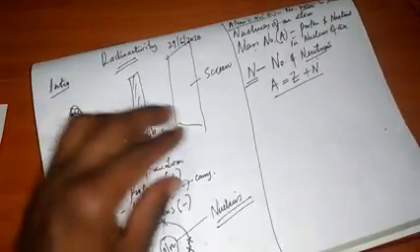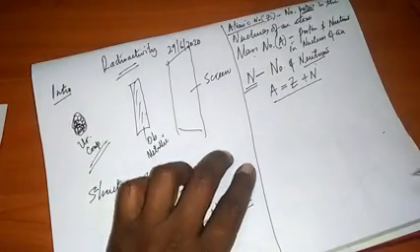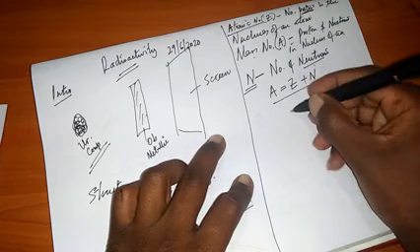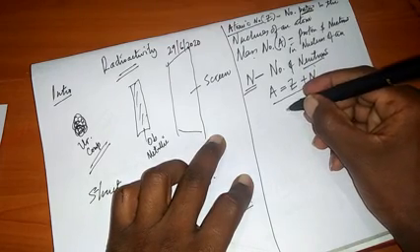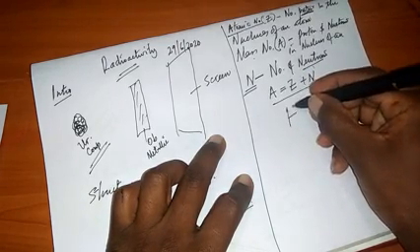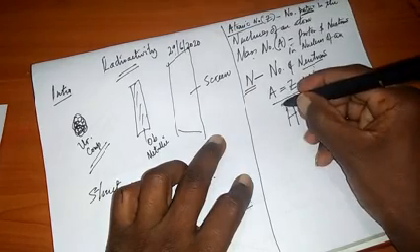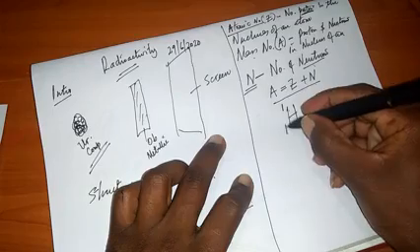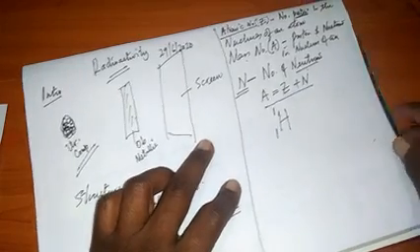So for example, we are going now to be representing an atom, like an atom of hydrogen. We shall have a 1 as the mass number and a 1 as the atomic number.